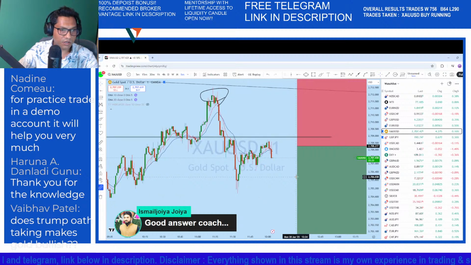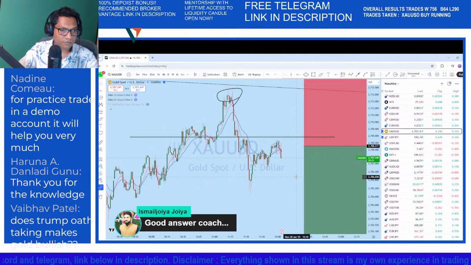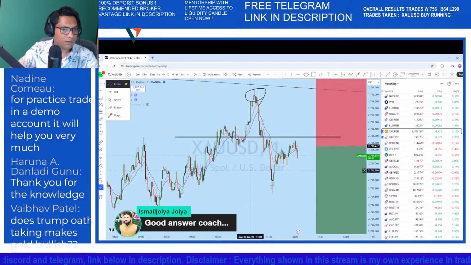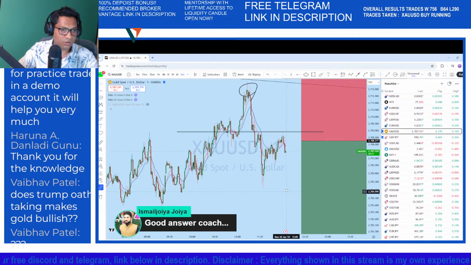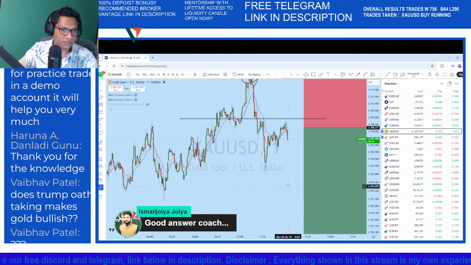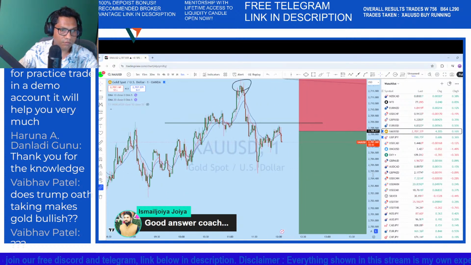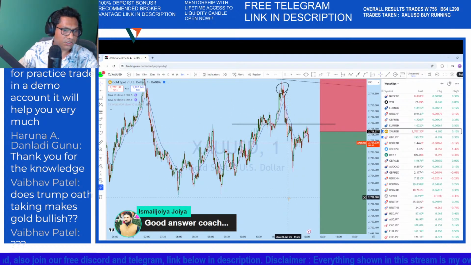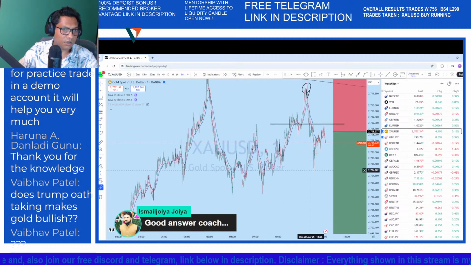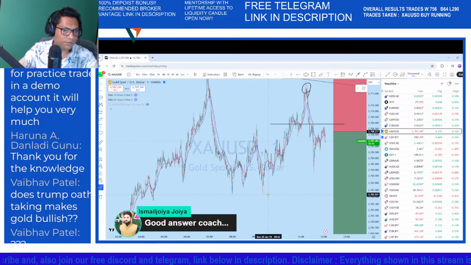A bearish engulfer. With the bearish engulfer, expecting the market to drop and then create a new lower low. So this is a support, an important level of support.